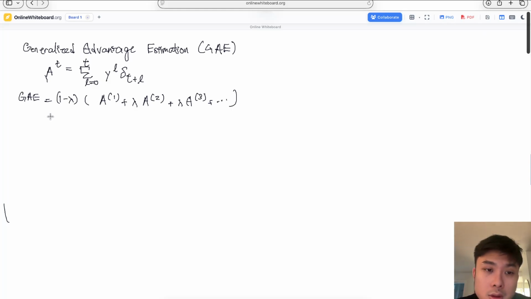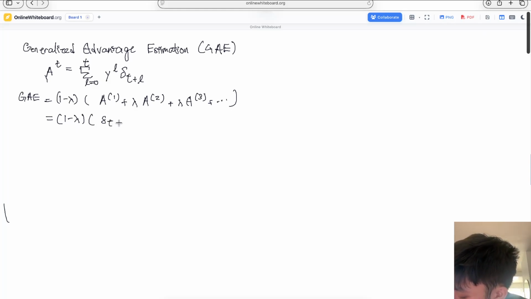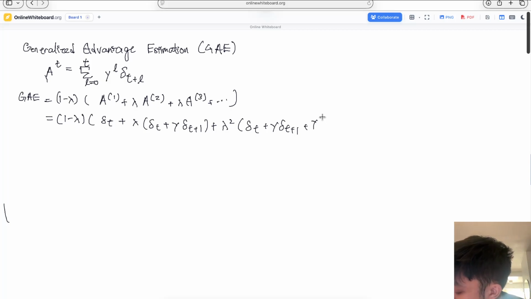Now we can try to derive it fully. What this will be equivalent to is 1 minus lambda times the temporal difference at time step t, plus lambda times the temporal difference at time step t plus gamma times the temporal difference at t+1, plus lambda squared times the temporal difference at t plus gamma times the temporal difference at t+1 plus gamma squared times the temporal difference at t+2, and so on.